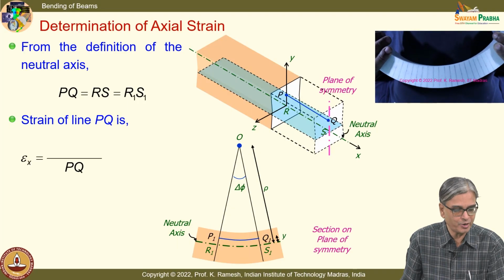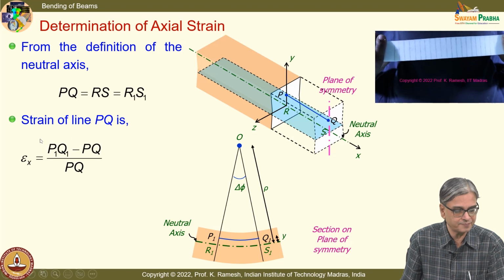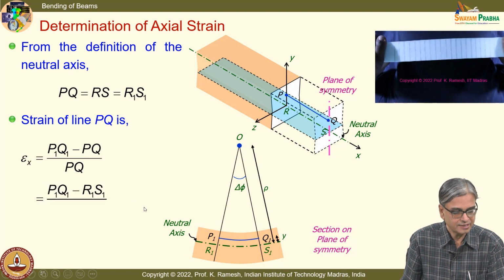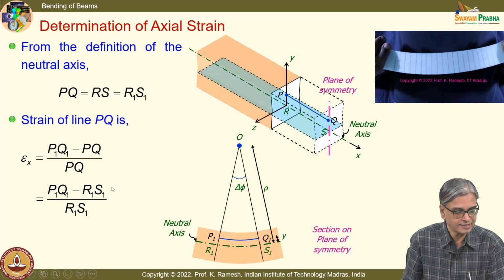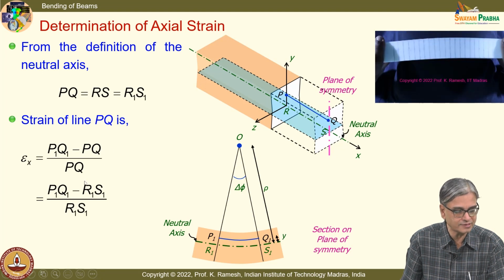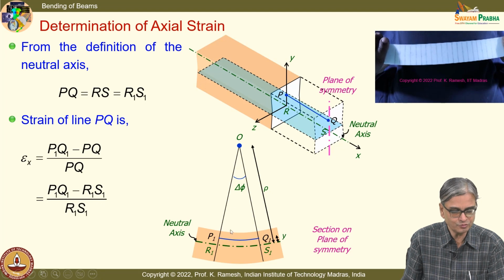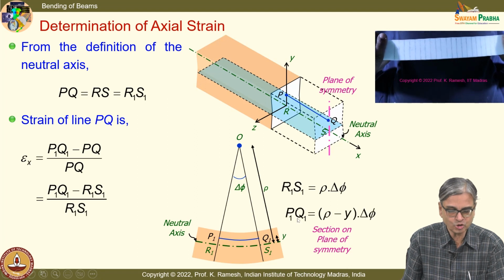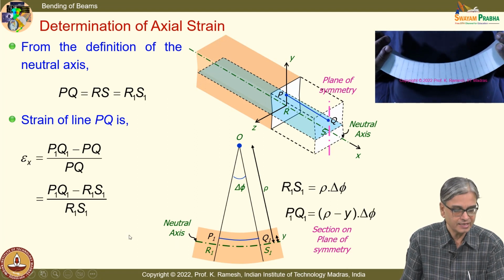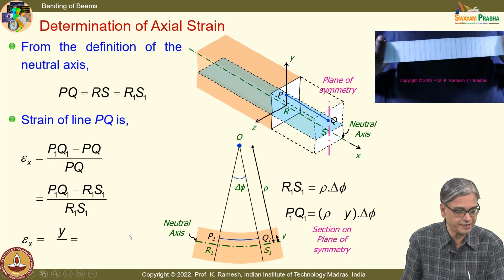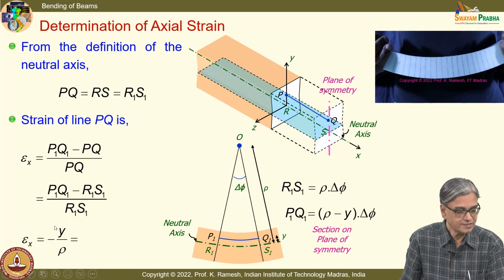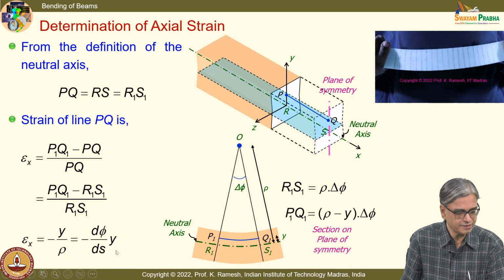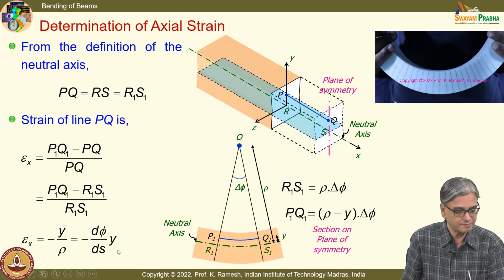And you have correctly pointed out in the last class what is the expression for the P1 Q1. And since we have said that we would work with neutral axis, we were able to replace PQ as R1 S1. And it is easy to see that R1 S1 is rho into delta phi, and P1 Q1 is rho minus y delta phi, and this gives me an expression for strain which is a function of y, and this is also related to the angle d phi by ds multiplied by y.